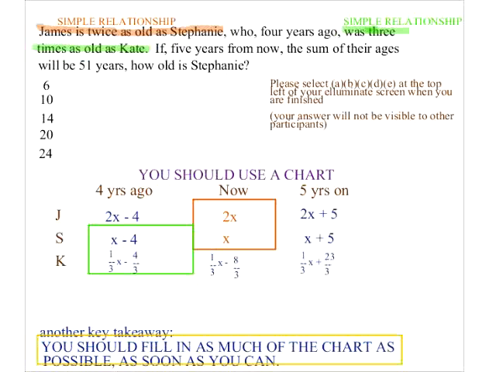So now you can solve the problem. 5 years from now, the sum of their ages will be 51 years. So you add these up, and you make 51 years. So 2X plus 5 plus X plus 5 plus 1/3 X plus 23/3 equals 51.